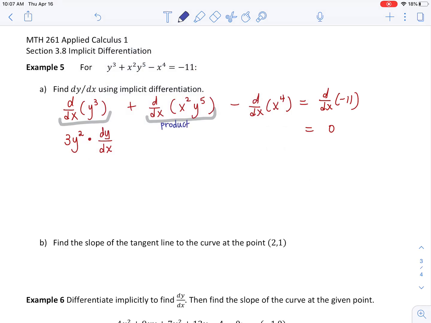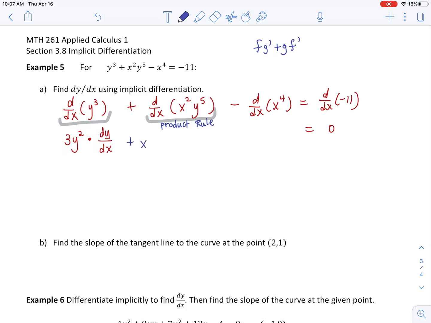All right, next one. Oh, no, we have to use what rule? The product rule. So let me change the color here. Use the product rule here. And we will do this in our head, okay, without labeling everything.